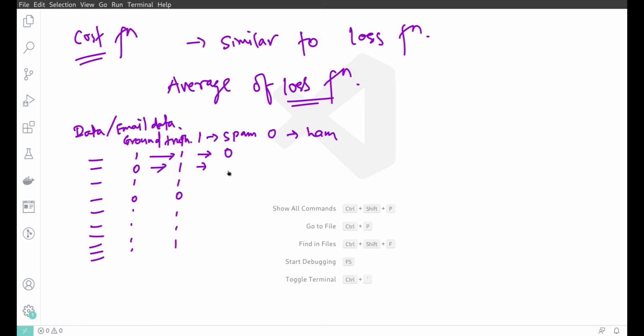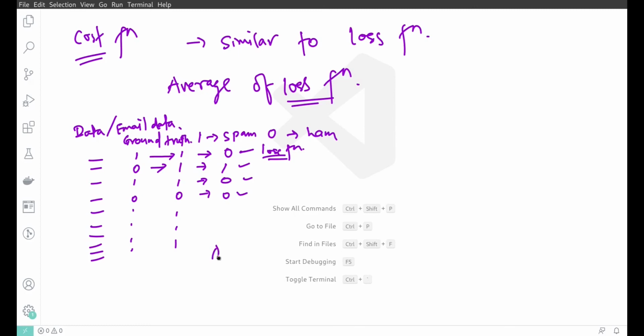So we cannot directly say that the value of loss function in this case should be 1. It totally depends on the kind of loss function that we use. But for the sake of simplicity, let us just write it as 1. This is the value calculated by loss function. This is also by loss function. So this is also 0. This is also 0. So each value is calculated using loss function.